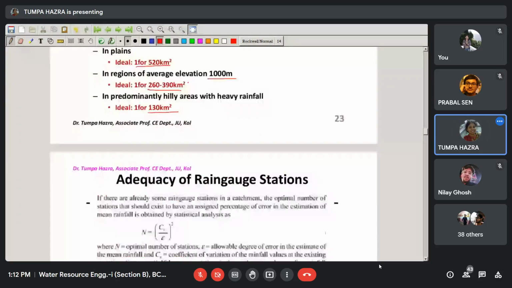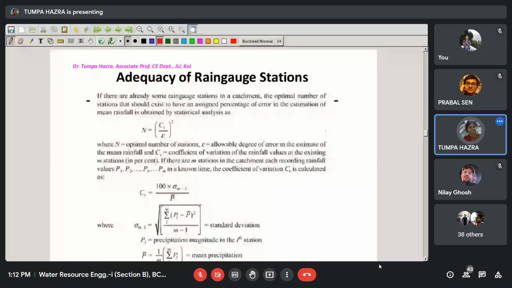Now, if for a particular catchment area there are already some rain gauge stations, then you can determine the optimal number of stations for an allowable degree of error in the estimate of the mean rainfall.